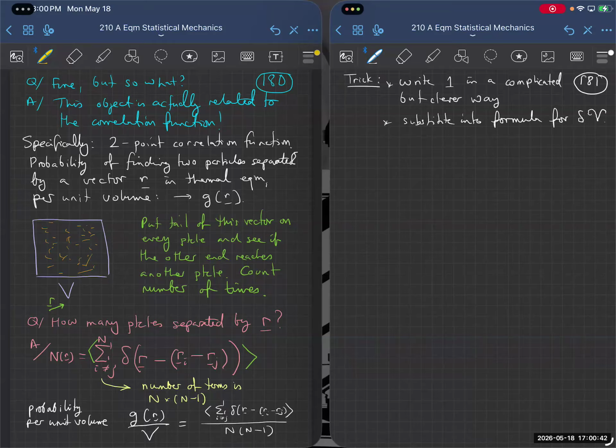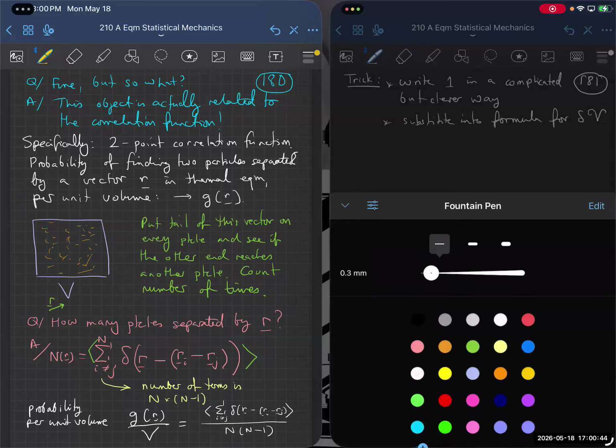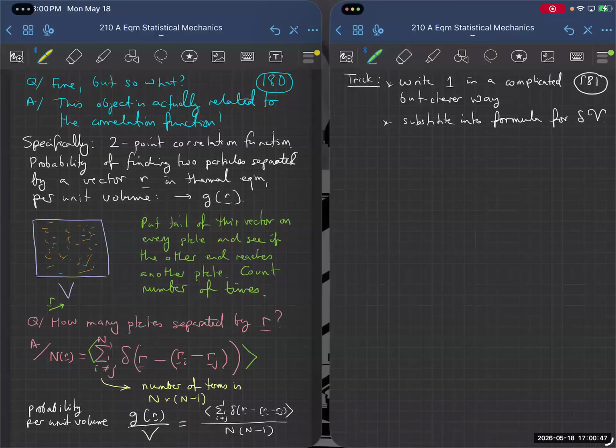So let's first of all write down the trick. You all know that if I do an integral over space of delta of r minus a times f of r, that is equal to f of a.